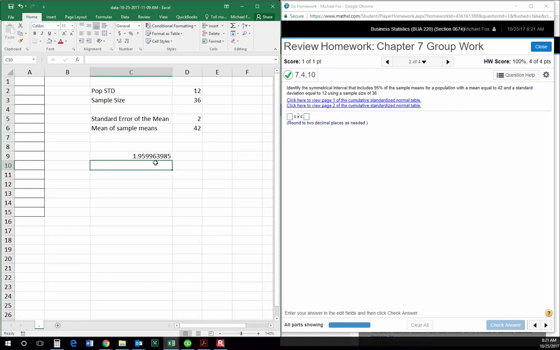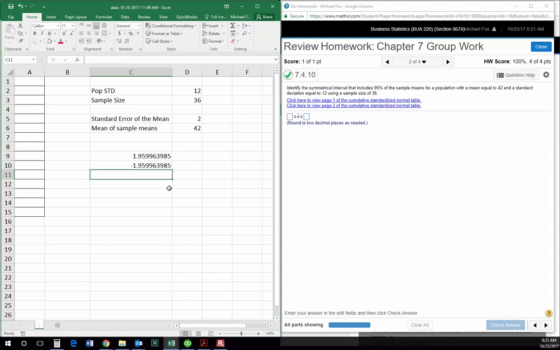So it's telling us right here that 1.96 is the z-score at which 97.5% of all possible values will fall to the left of that z-score. So that's the upper end of our limit, a z of 1.96. And then to find the lower limit in z, we have to use norm.s.inv, and we're going to put 2.5%.